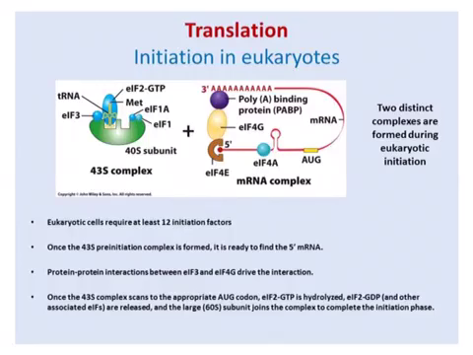So we have this small complex with the starting tRNA, and then ultimately that complex will interact with the 5' end of the mRNA at the cap site, and this is mediated by another protein called eIF4E, and another one called eIF4G will help drive the interaction between the cap and this 40S subunit.